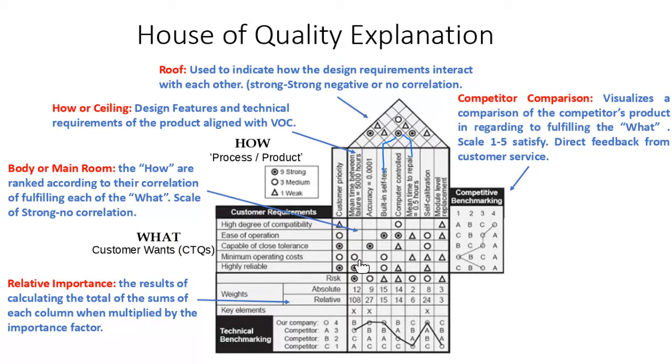For example, the correlation here between the mean time to failure and the minimum operating cost is 3, and it is 3 for both of them. So 3 times 3 is equal to 9. And also the relation here between the mean time to failure and the high reliability, both of them are 9. So 9 times 9 is 81.